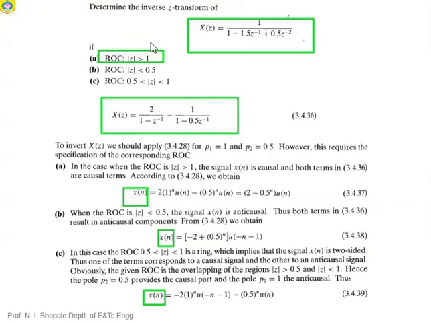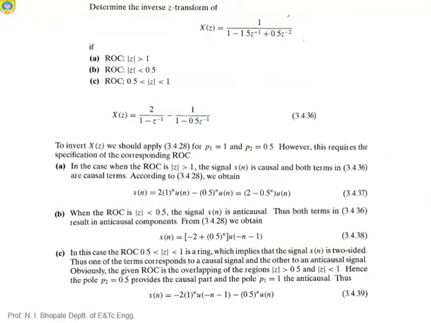So in the first example it is mentioned that the ROC is mod z greater than 1. So if it is mod z greater than 1, let's say this is the case we discuss. Here, when the ROC is mod z greater than 1, it is obviously causal. So for a causal system, a raised to n u of n is what we can say is x of n.